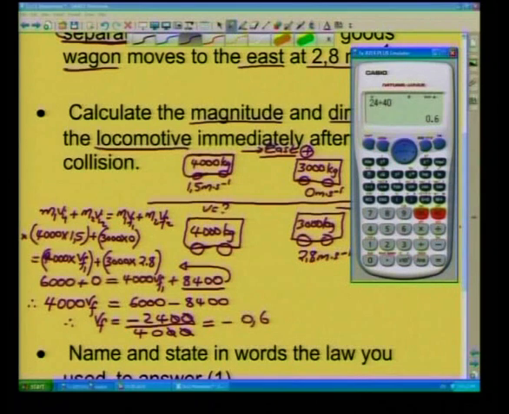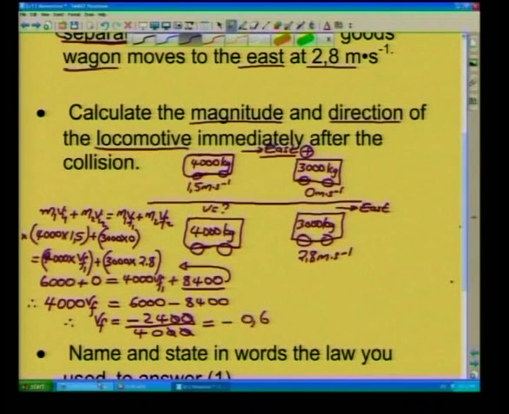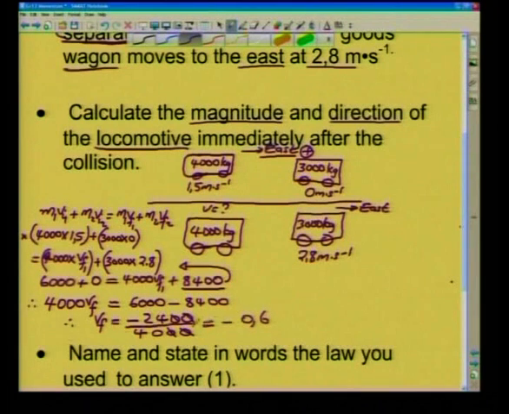All right, minus 0.6. And what is this? This is the velocity we're calculating for, V final of 1. So V final of 1 is minus 0.6 meters per second.